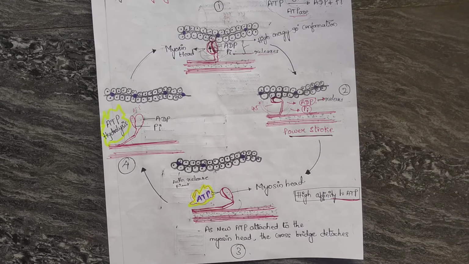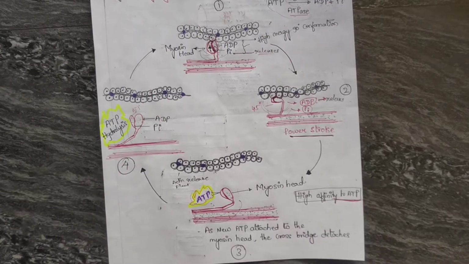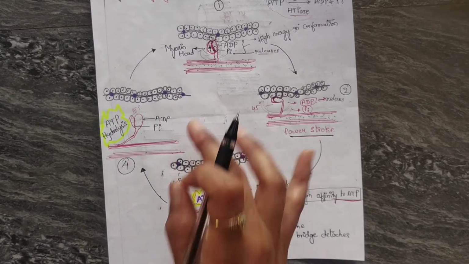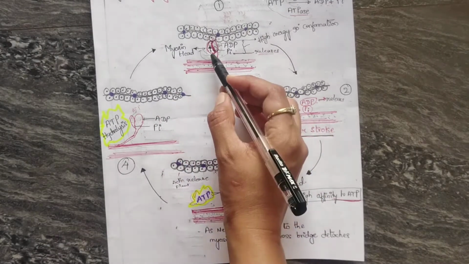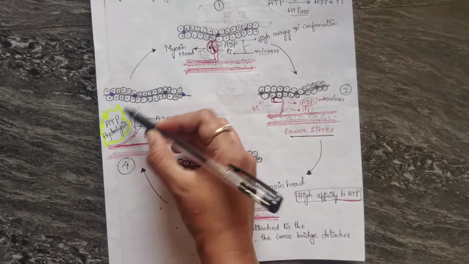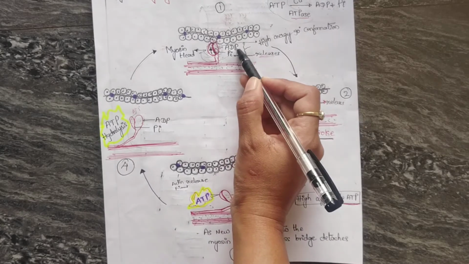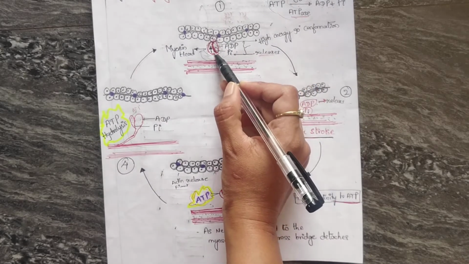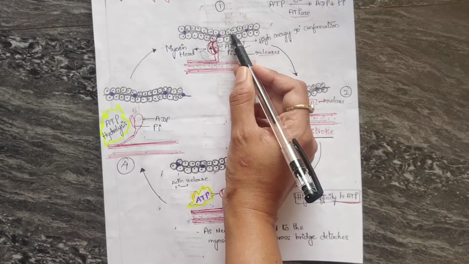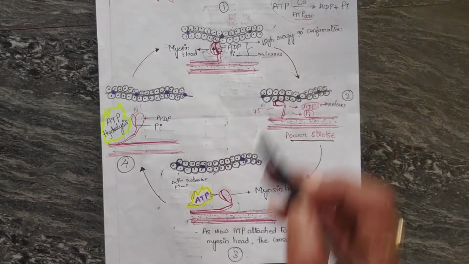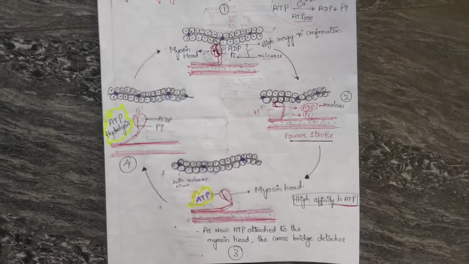Let us know what the cross bridge cycle is. Here, the cross bridge cycle means the repeated cycle of ATP binding and its hydrolysis that drives myosin interaction with the actin filament. Each such cycle is called a cross bridge cycle.